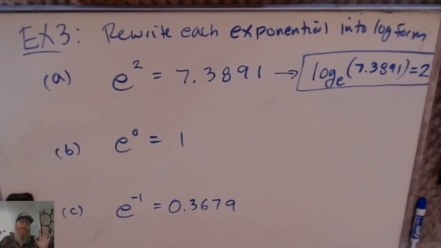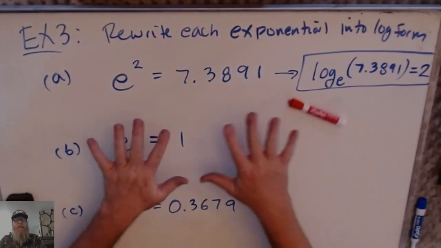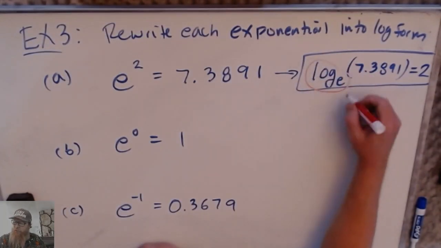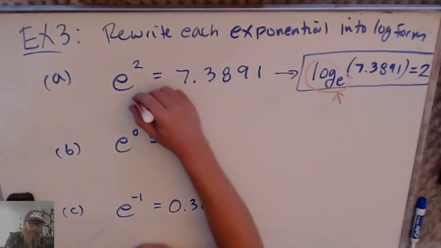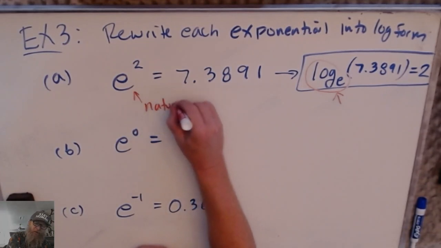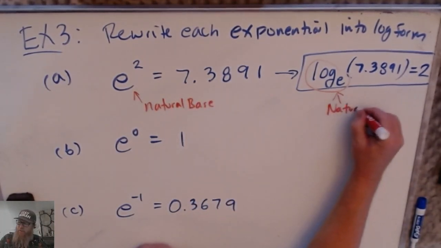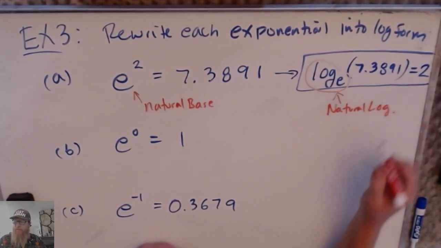Well, the common log is base 10, because we all have that in common. This is called the natural log, because this is called the natural base.